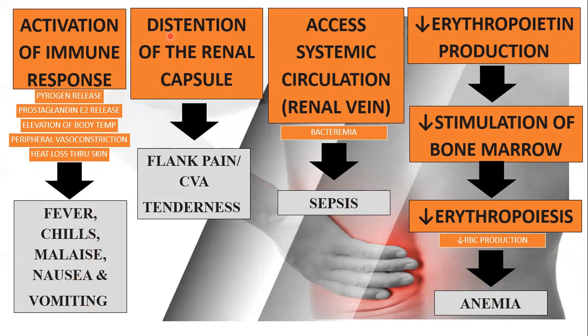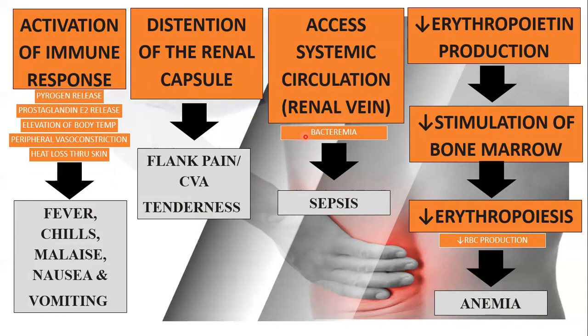Next, as for the distension of the renal capsule, this would now cause the flank pain or the costovertebral angle tenderness in patients with acute pyelonephritis. And as the bacteria proliferate even more, they would be able to access the systemic circulation through the renal vein.